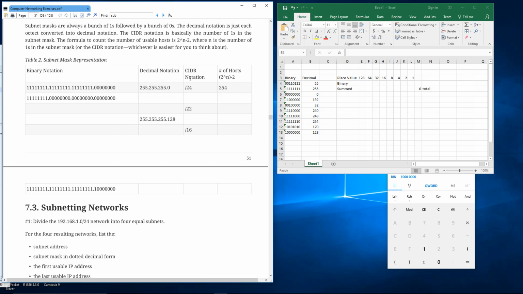We also have CIDR notation. CIDR stands for Classless Interdomain Routing. That's a very big acronym. Nobody ever says that, they just say CIDR. This CIDR notation is always slash something. So this one is /24. 255.255.255.0 and /24 mean the exact same thing.